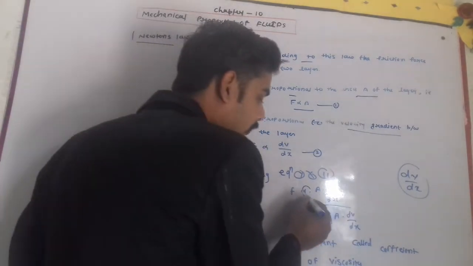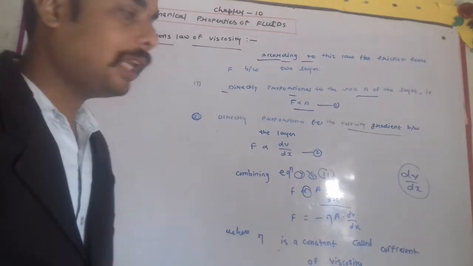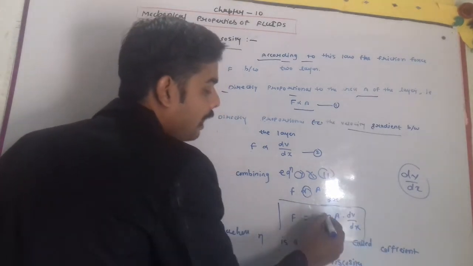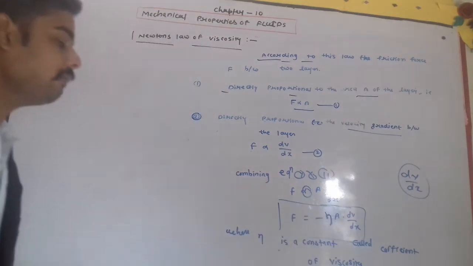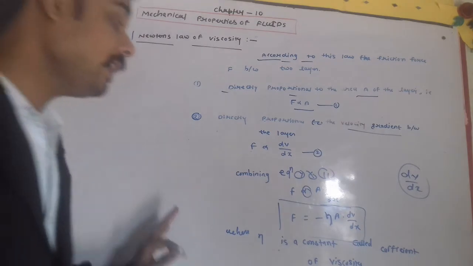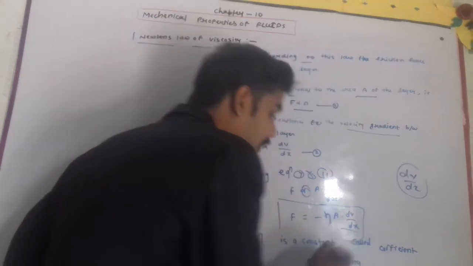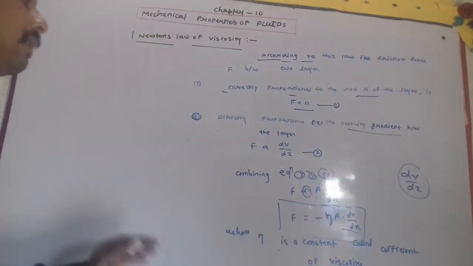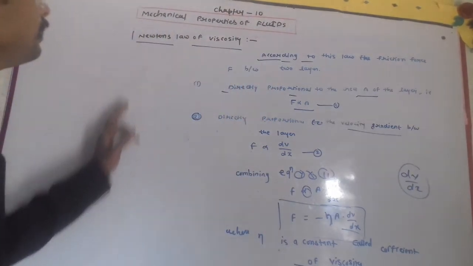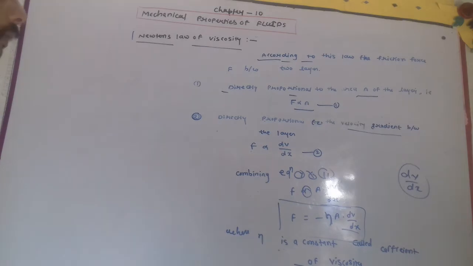If we remove the sign of proportionality, we must use a constant. Here we will use F is minus eta A dv upon dx. We use the minus sign because the direction is opposite. Here eta is a constant known as the coefficient of viscosity. By this law we can find the coefficient of viscosity.